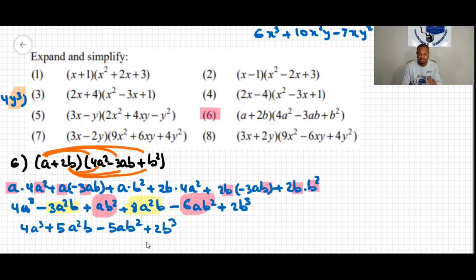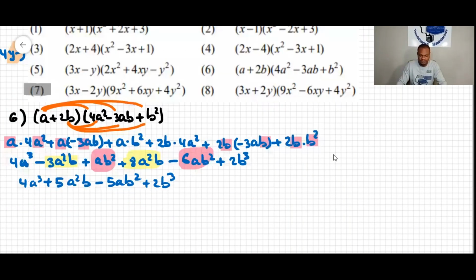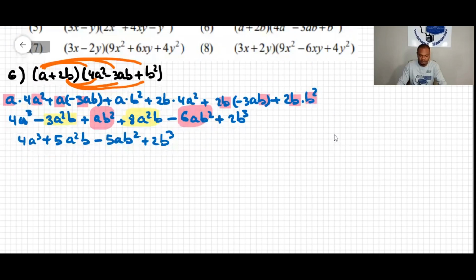So this is how we can simplify this term. Now we're going to do question 7. Let's move on to question 7.